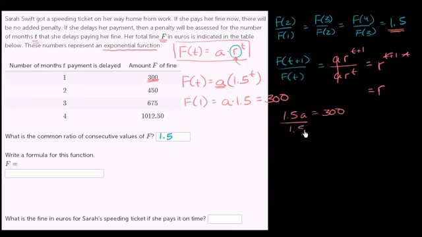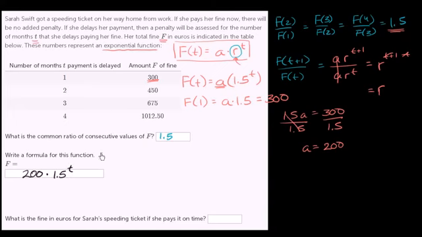Divide both sides by 1.5, and we get a is equal to 200. And so our formula for our function is going to be 200, that's our a, times 1.5 to the t power.